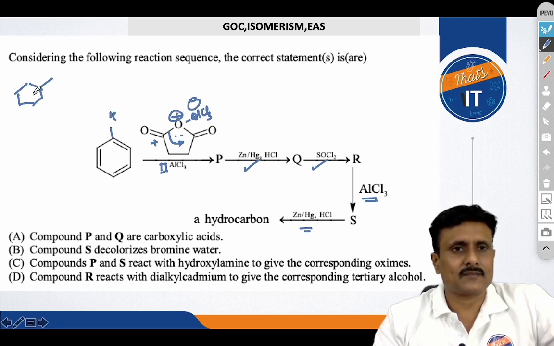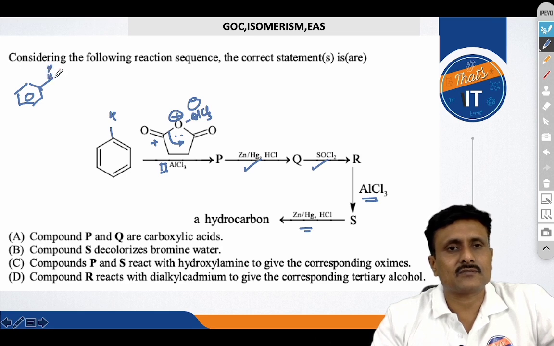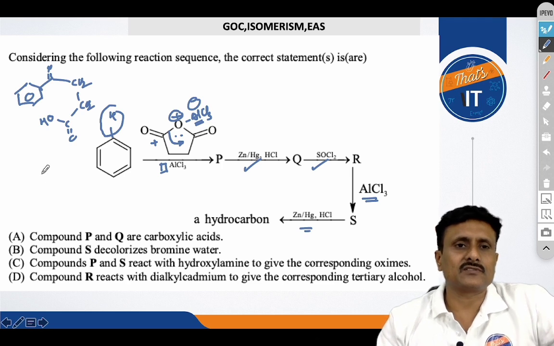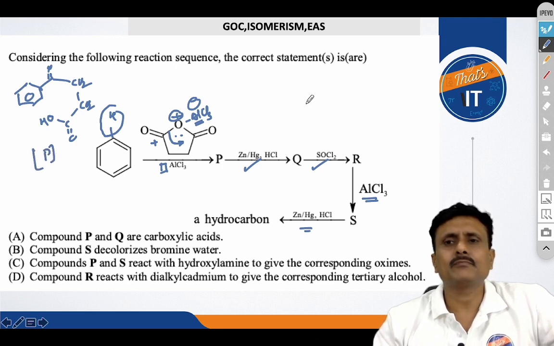So let's write that. Hydrogen is being replaced, so acylation is taking place. C double bond O, CH2, CH2, C double bond O, OH. The hydrogen is replaced, and AlCl3 minus leaves. So this is your compound P.